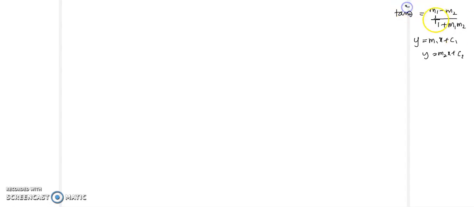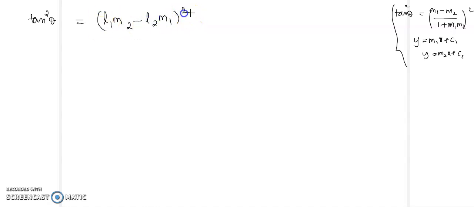So tan square theta will be equal to the square of this. Now when you use that formula here, we are going to get tan square theta equal to L1 m2 minus L2 m1 whole square by L1 L2 plus m1 m2.